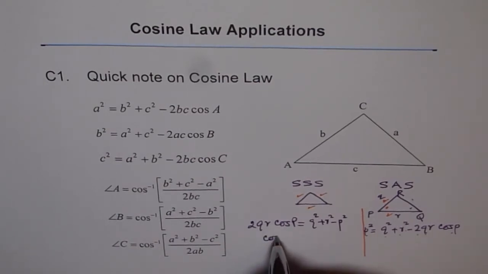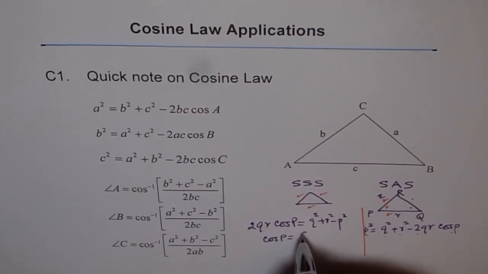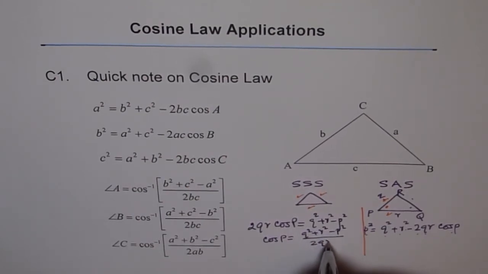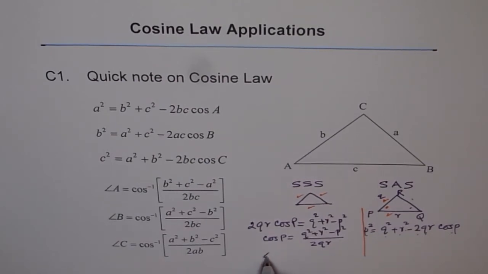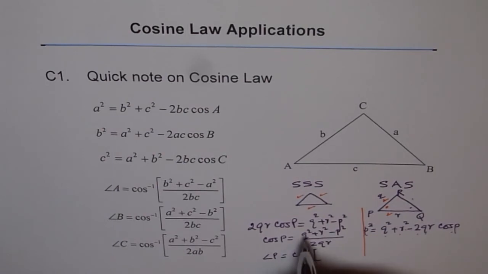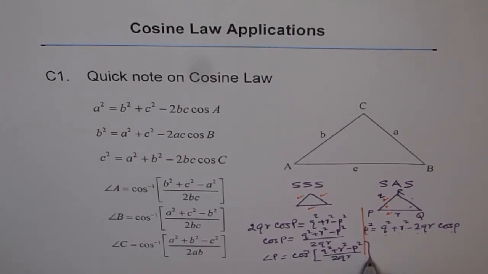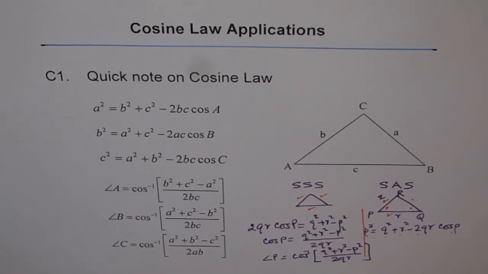So we get cos p equals q square plus r square minus p square divided by 2qr. And angle P is equal to cos inverse of all this, that is, q square plus r square minus p square over 2qr. So that becomes the general formula for finding the angle.